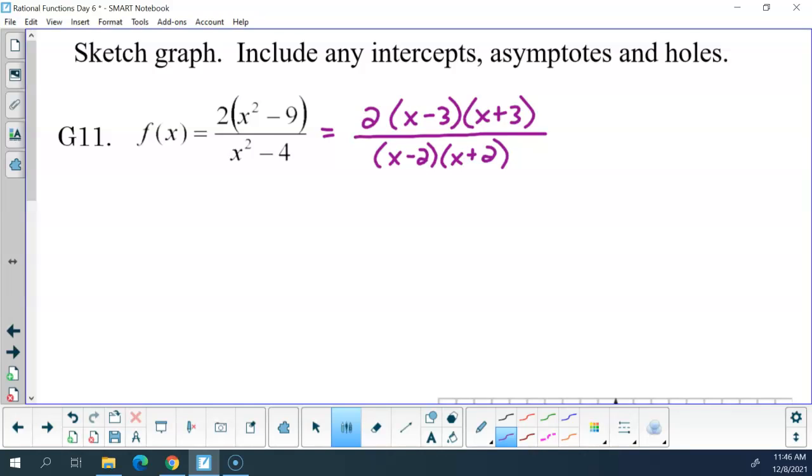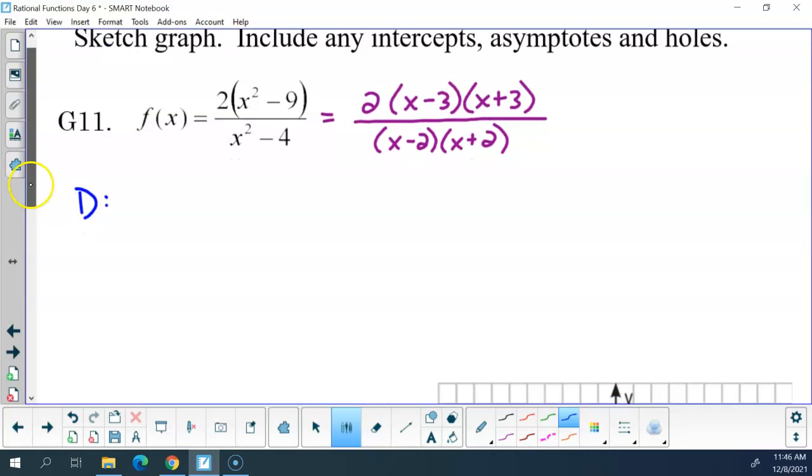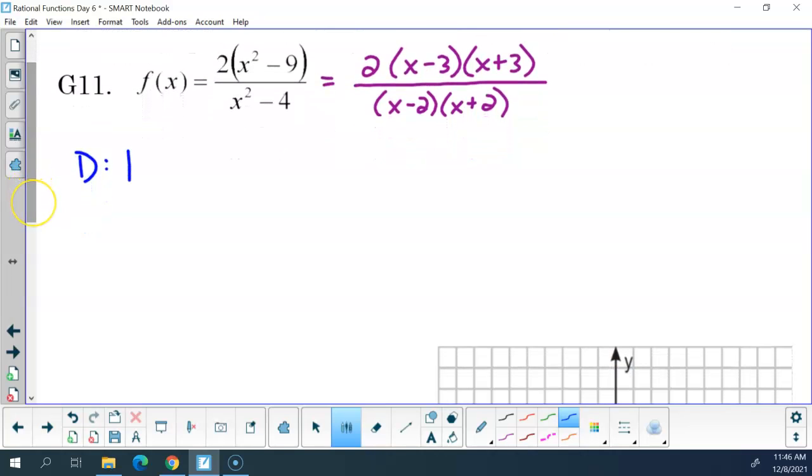So you threw a trick. Nothing factors out, right? Nothing factors out. Okay. So then what's my domain? All real numbers except for negative and positive. What's my vertical asymptote?